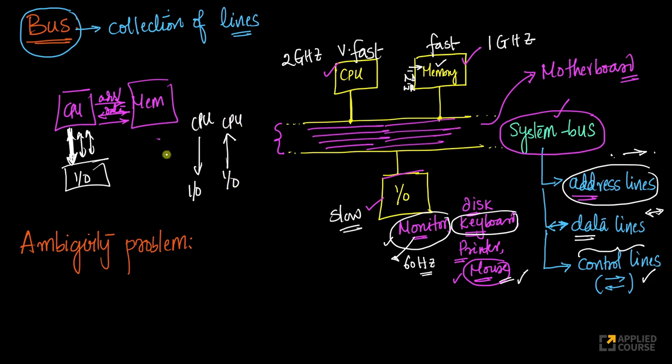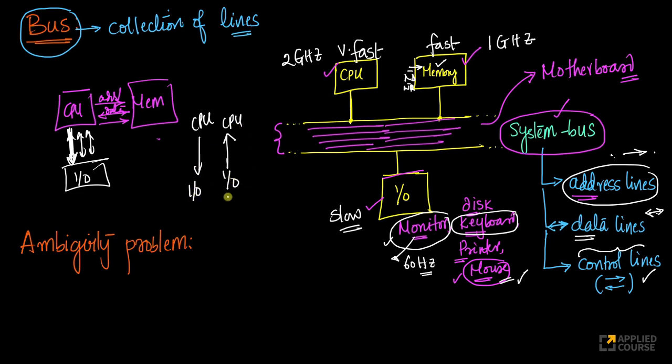So these are either in this direction or in this direction. Each line is unidirectional, but together some of the control lines go from CPU to I/O, and some of them go from I/O to CPU.